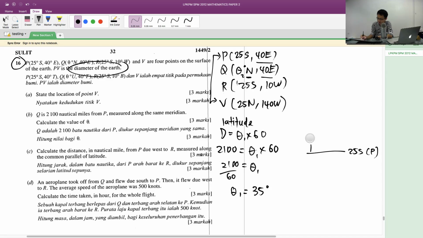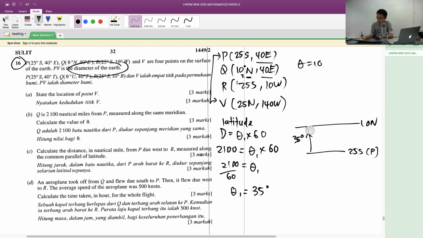That means moving, going up 35 degrees. Because we just found out 35, you just imagine from 25 south, and then you move 35 degrees going up. So this one is 10 north, isn't it? So therefore the delta equals 10. I mean the answer here should be 10 degrees.